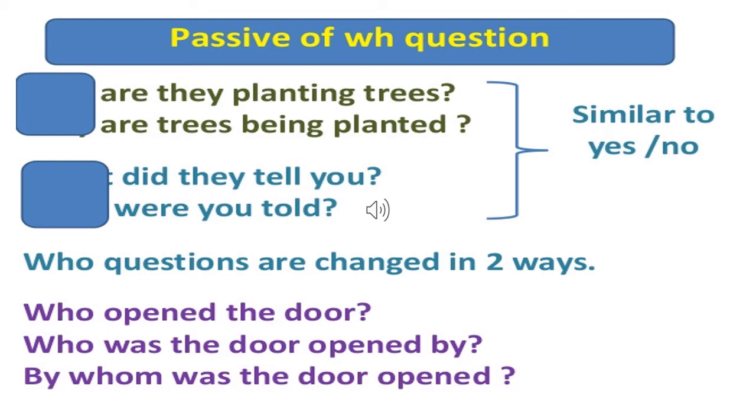The first way is that who followed by the word be and then object followed by the past participle form of the verb and then by. That is, who was the door opened by. And next, by whom followed by the word be and then the object followed by the past participle form of verb. Means by whom was the door opened. Here the door is the object and opened is the past participle form of verb.